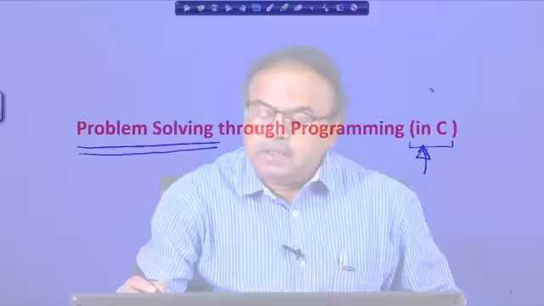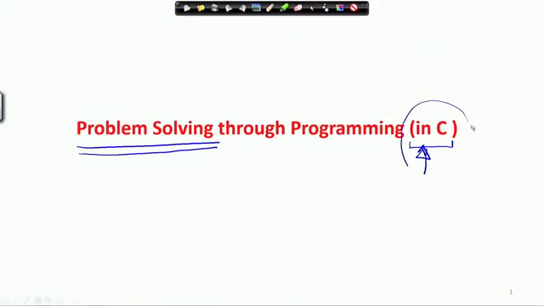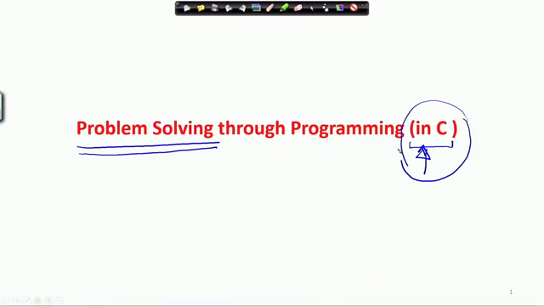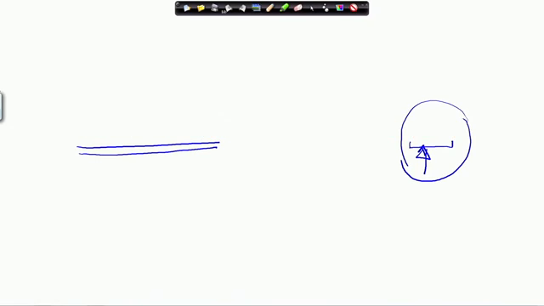Now, our objective is not to just think about the C programming language, but also some programming principles, some programming logic, some programming methods that are adopted while solving problems. All right. Now, let us think of some of the problems that we often encounter in our regular life.